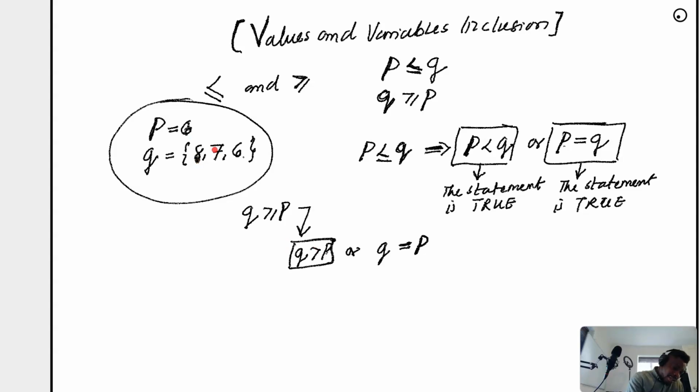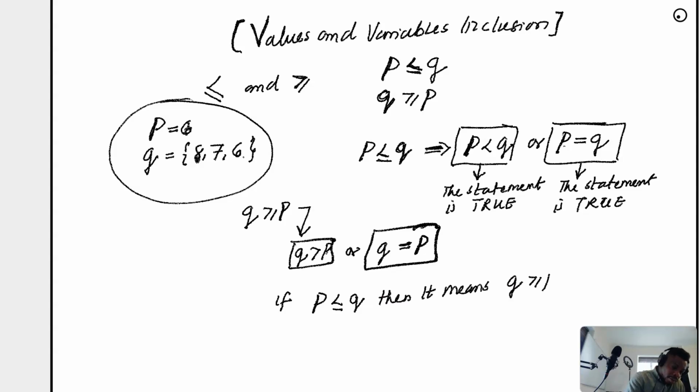Okay? 7 is greater than 6. This statement is correct. Here, 6 is equal to 6. Q is equal to P. So this statement is also correct. So if P is less than or equal to Q, then it means Q is greater than or equal to P.